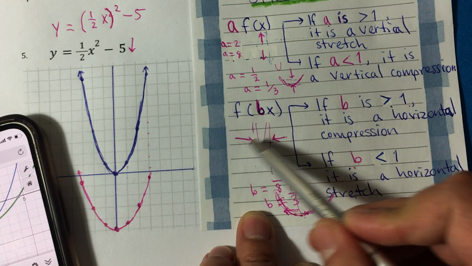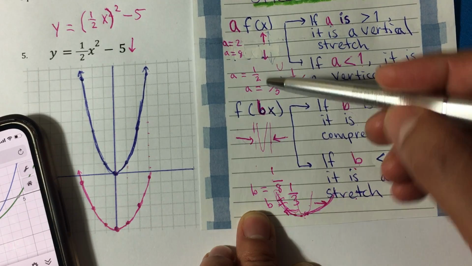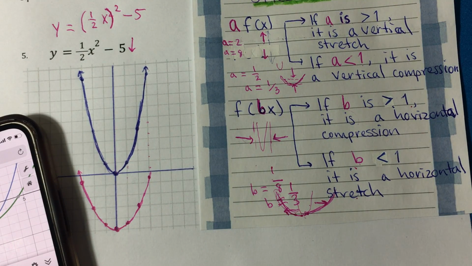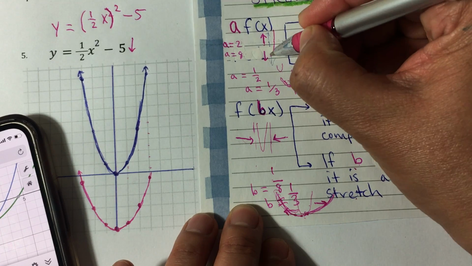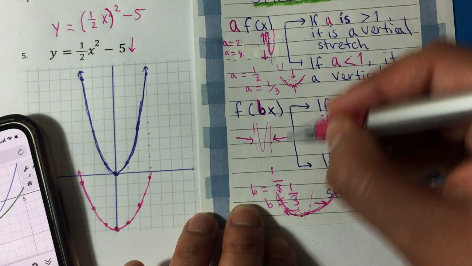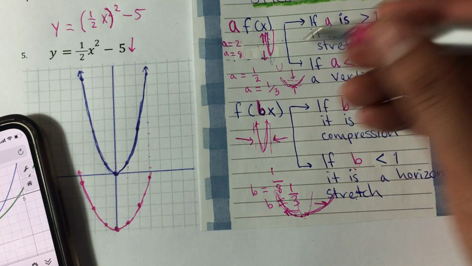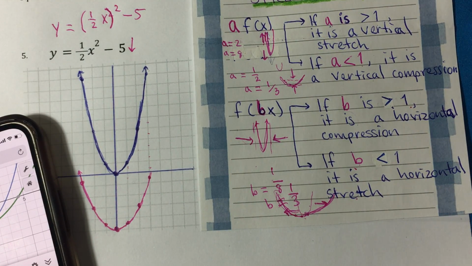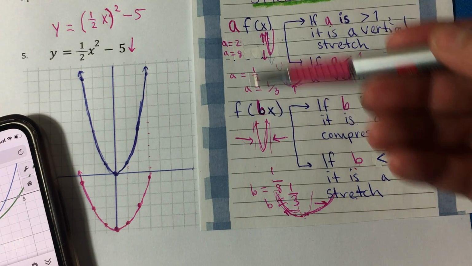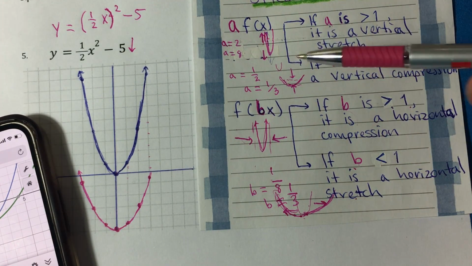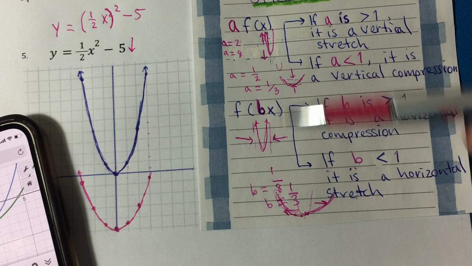In here, it makes it skinnier or closer, but again, the effect is very similar. In here, you get a tall, skinny graph. In here, you also get a skinny and tall graph. Okay, for different reasons, you end up with the same when you're multiplying by a whole number, or you get the same when you're multiplying by a fraction.